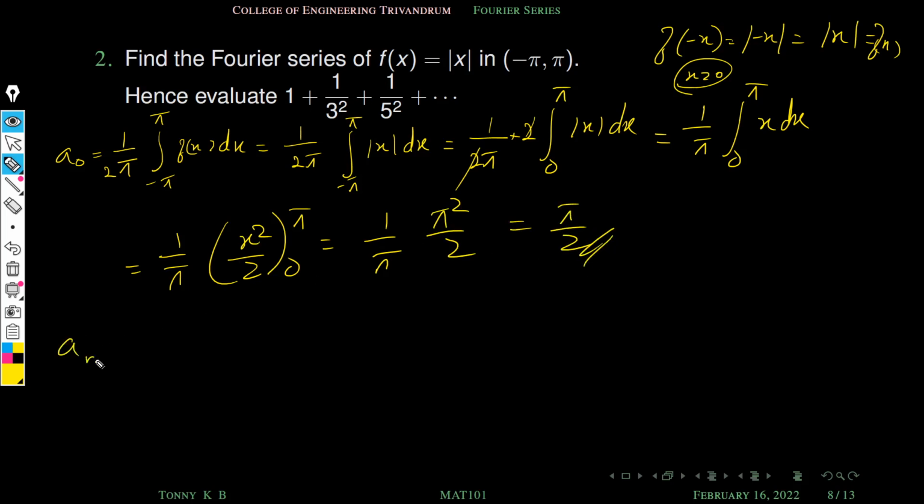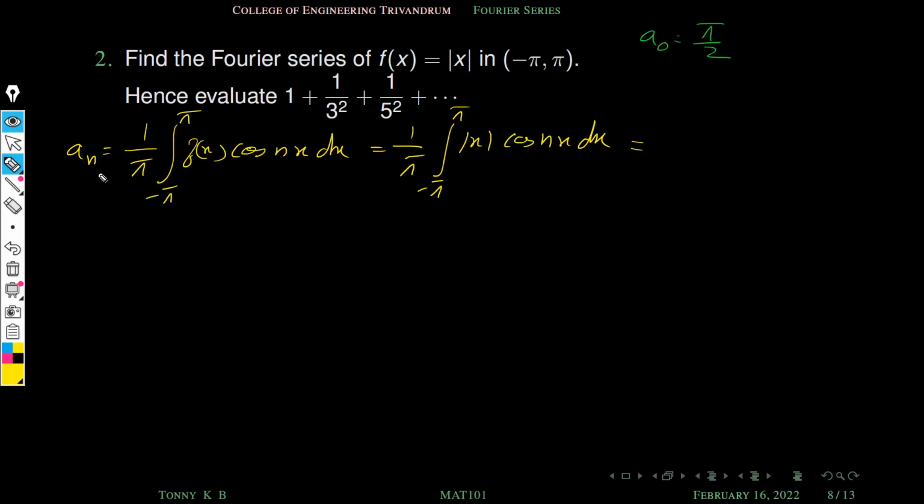Next we have to find an. An is given by this formula 1 by pi integral minus pi to plus pi f of x cosine nx dx. And f of x is mod x. And we know that mod x is an even function and cos is also an even function.